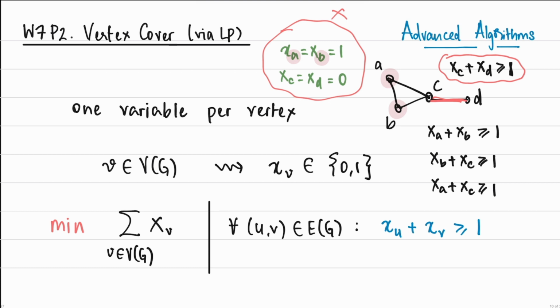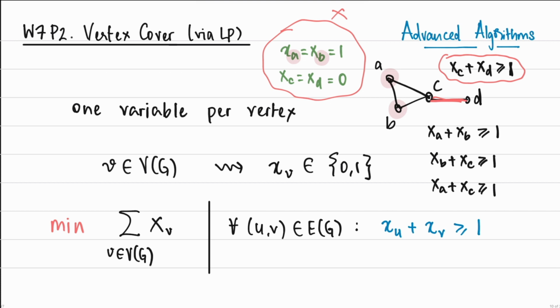And if you stare at this for a couple of minutes, you should be able to convince yourself that the ILP solutions that are valid are in 1-1 correspondence with vertex covers, in the sense that for every ILP solution that satisfies all of the constraints, if you look at the variables that are set to 1, the vertices corresponding to those variables will form a vertex cover back in the graph. And the converse is also true.